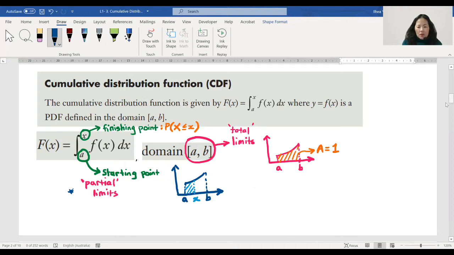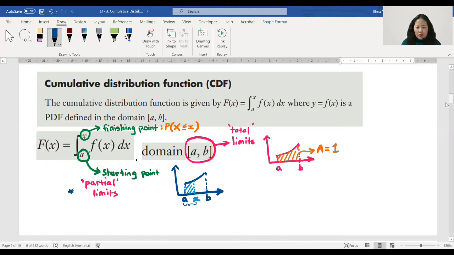Now, what we want to know is in between that A and B, we're going to create a set of partial limits, if you like. So the total limit domain is A and B still, and the area under the curve of A and B is 1. That's not going to change anything. But what we want now is part of that.